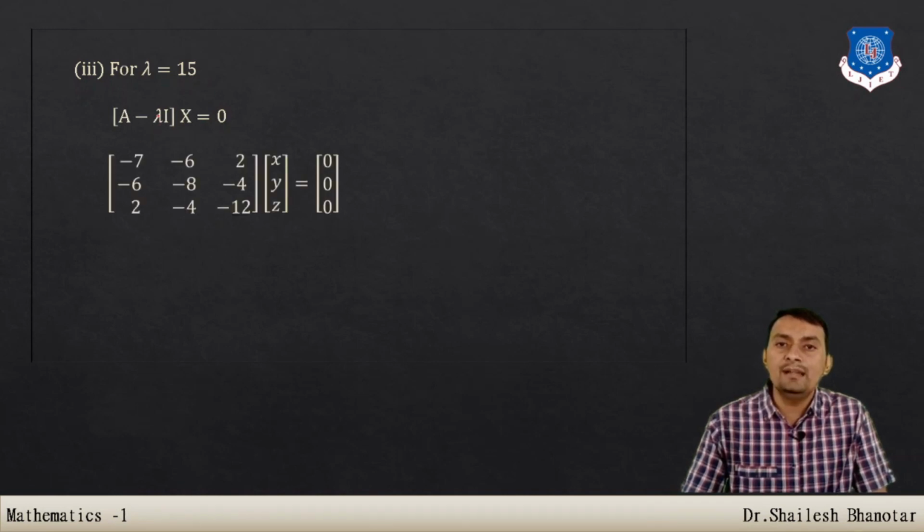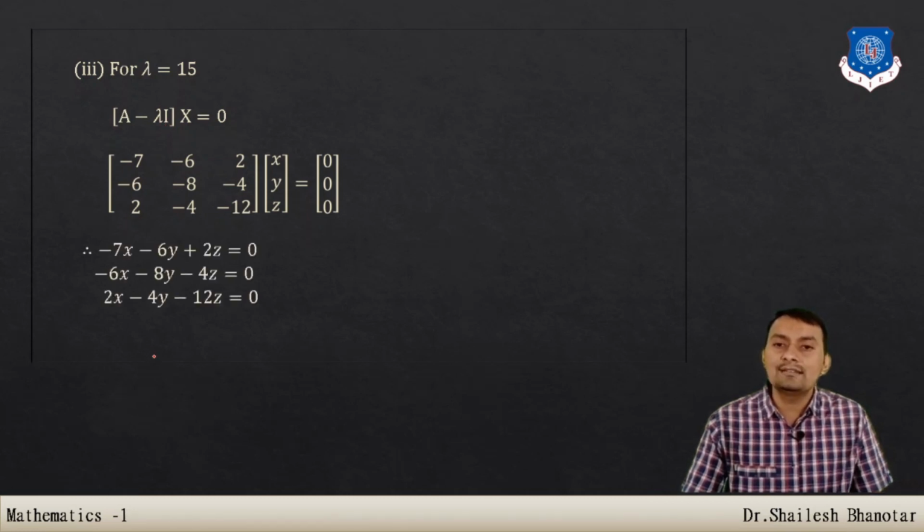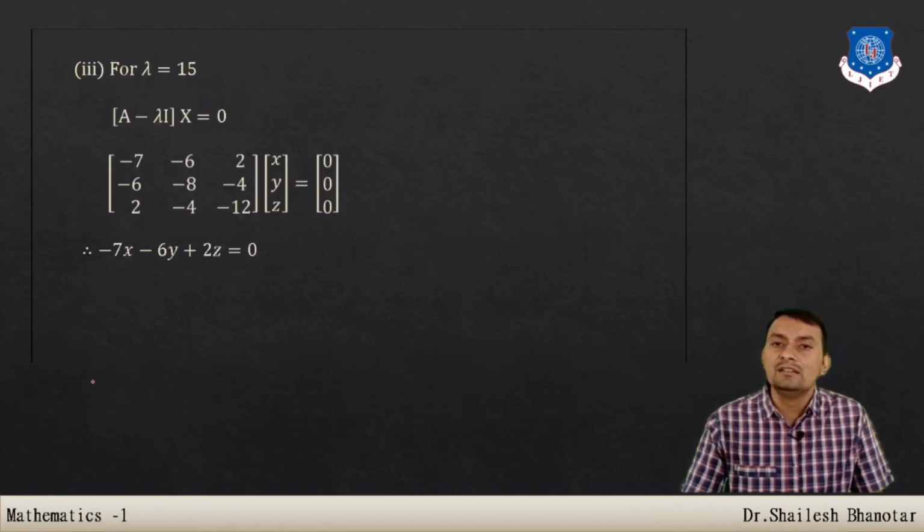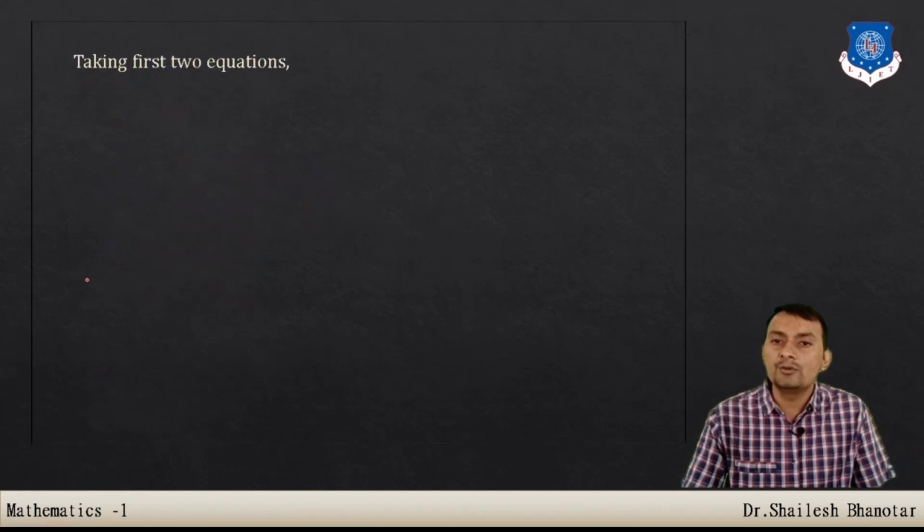So just apply lambda equal to 15, and A minus, only the diagonal entries are subtracted, A minus 15I, so you will get this one. Whenever you write the corresponding system, you choose the first two, otherwise the first and last, whatever you like. So here you can choose any two.